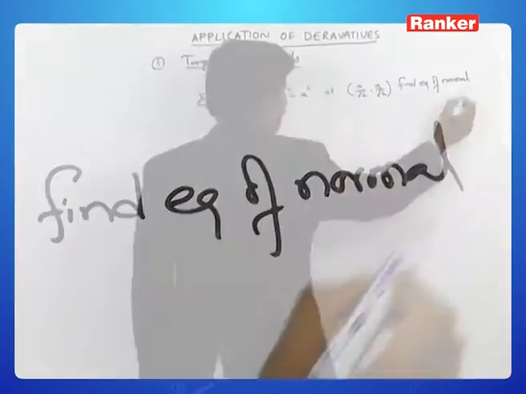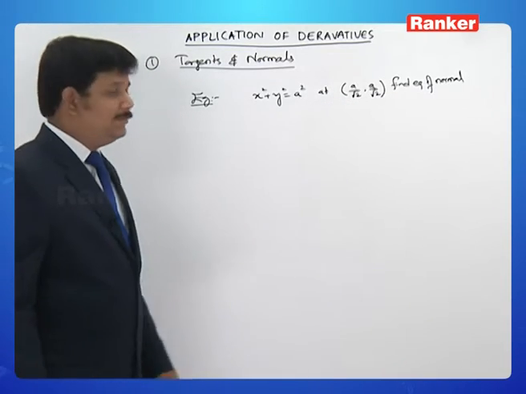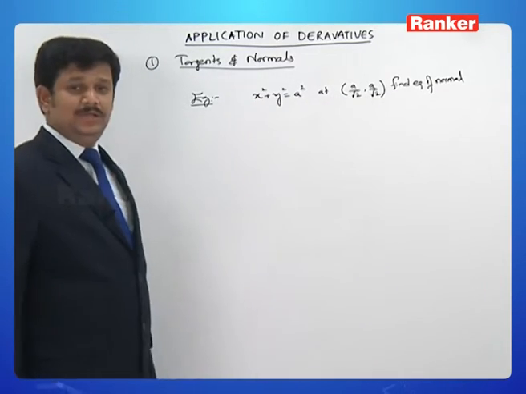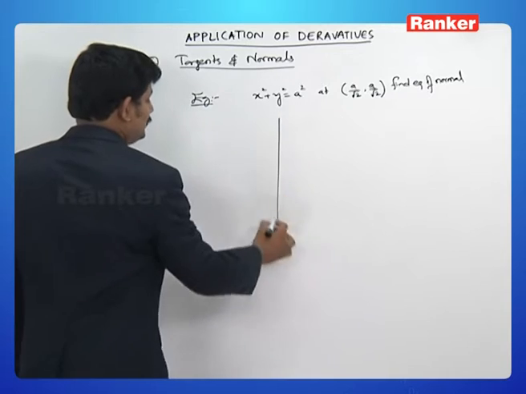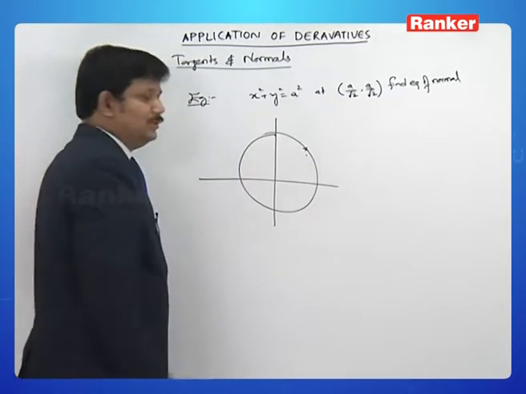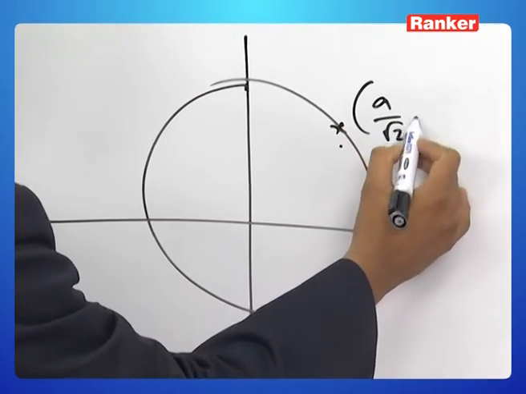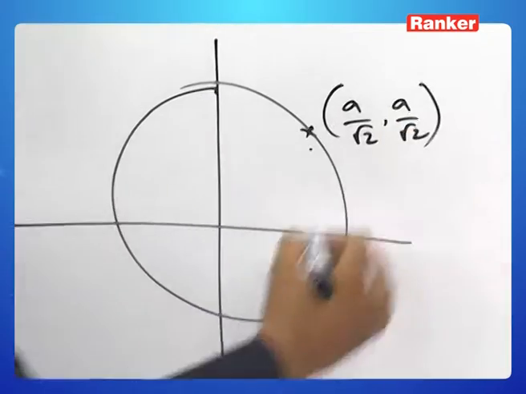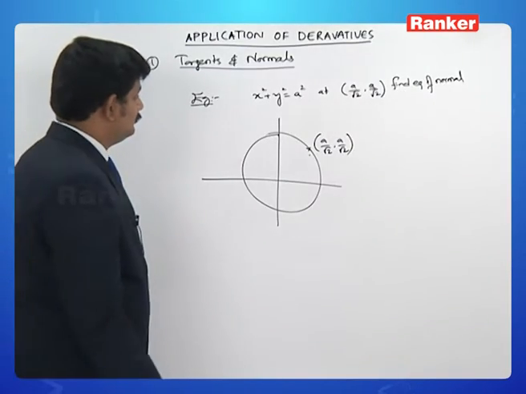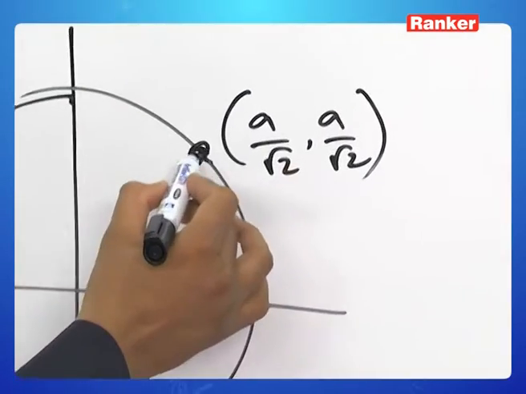We are asked to find the equation of the normal at the point (a by root 2, a by root 2) on the curve x square plus y square is equal to a square. So, let us look at the curve x square plus y square is equal to a square. A point is given on it, (a by root 2, a by root 2). A is a constant here. We are asked to find the normal.